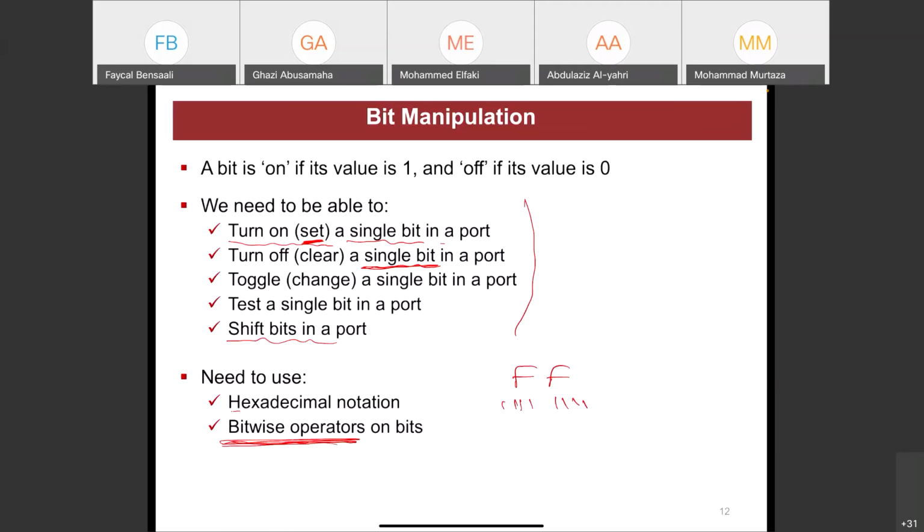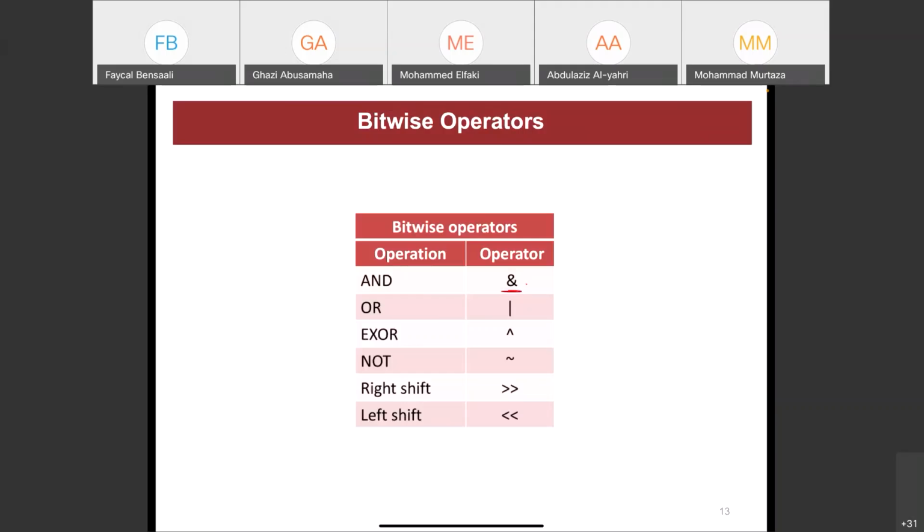The bitwise operators that we use are the ones in this slide. The first one is the AND, the ampersand. There is a difference between using double or just using one. The double one is the logical AND, the gate. Yes, we use the first one in if conditions, in conditions.